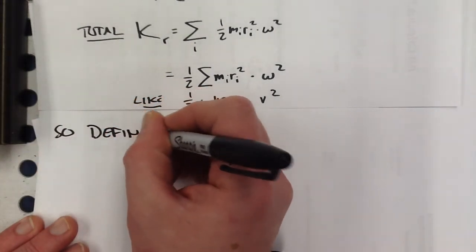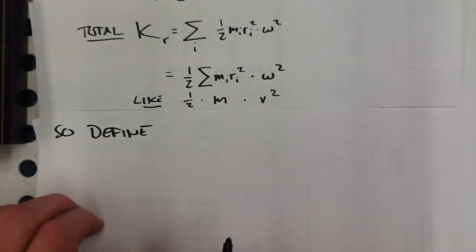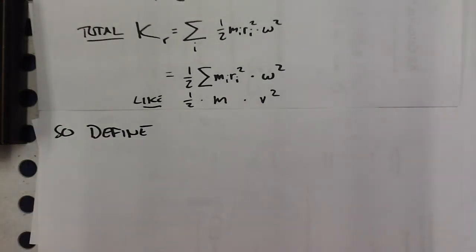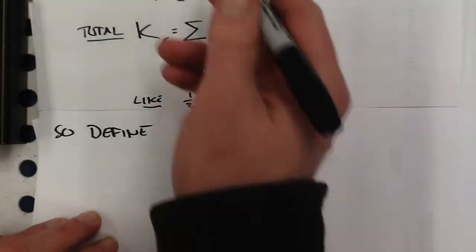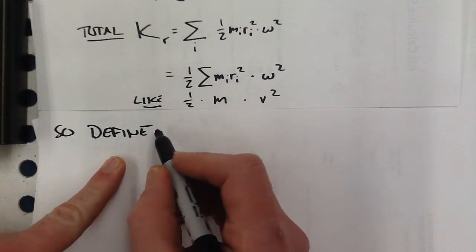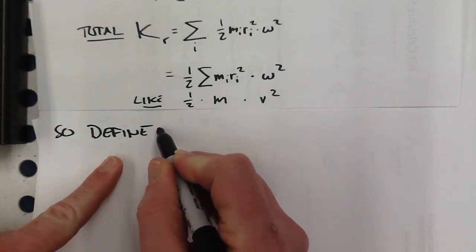This is how we make definitions in physics. We just don't go along saying, oh, rotational mass, let's make it this, and make up some crazy thing for it. We let the physics, let the math tell us what to do.